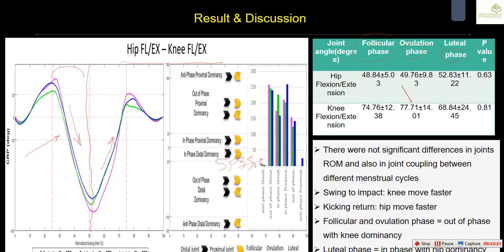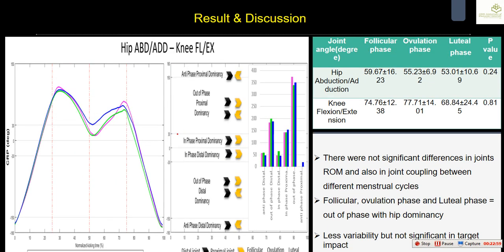And we found that in the follicular and ovulation phases, the movement of these two joints is out of phase with more knee dominancy, and in the luteal phase, the movement of these two joints is in phase with hip dominancy. But none of them were significant between different phases of the menstrual cycle.